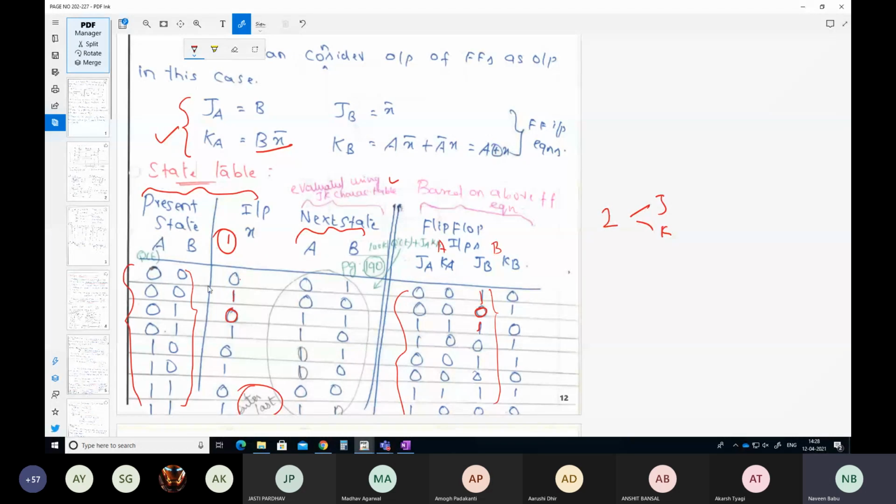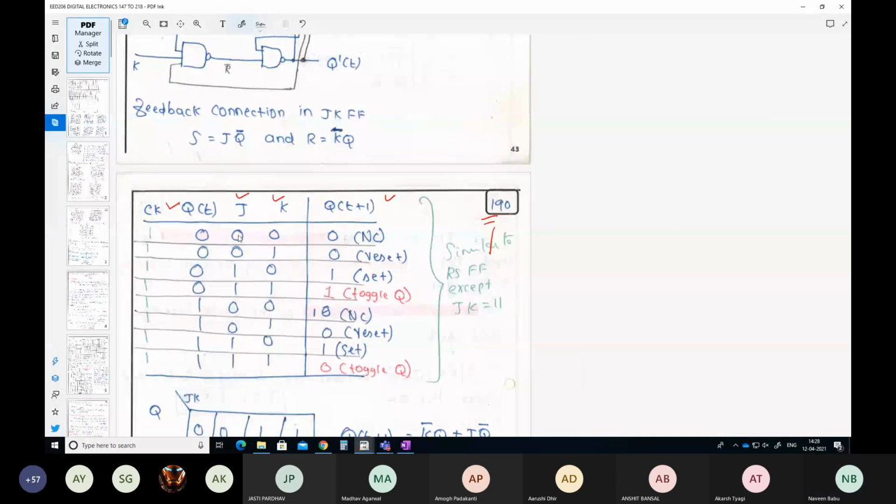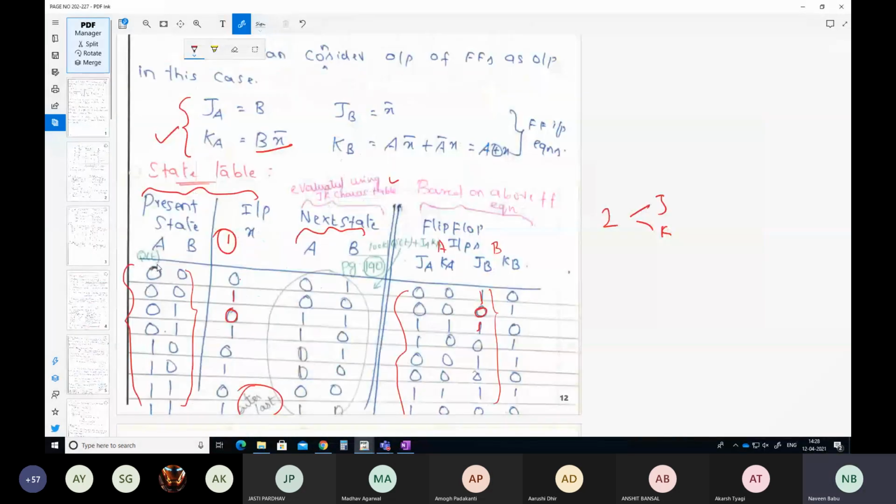So when your present state is 0, look at this particular table. Your present state is 0 and J and K values are 0, 0. Then there will be no change from your present state.